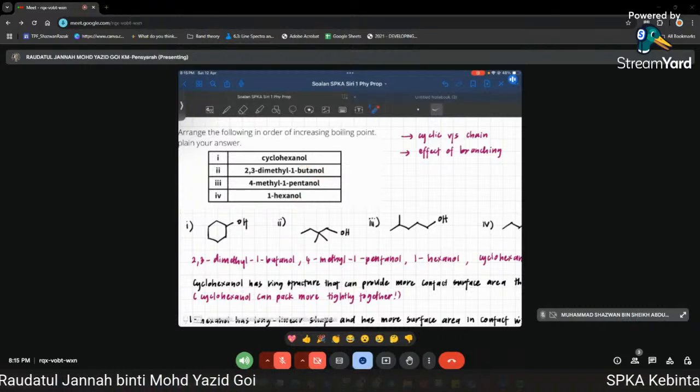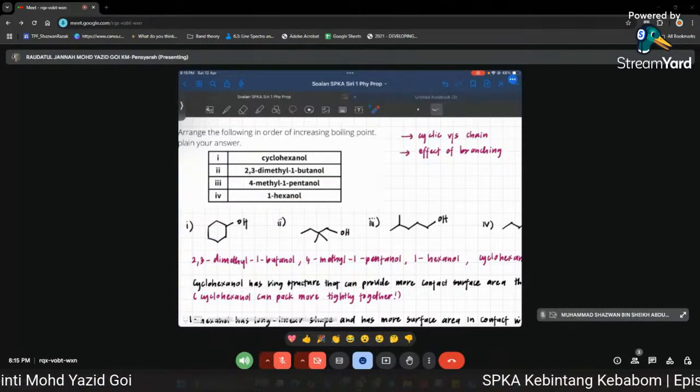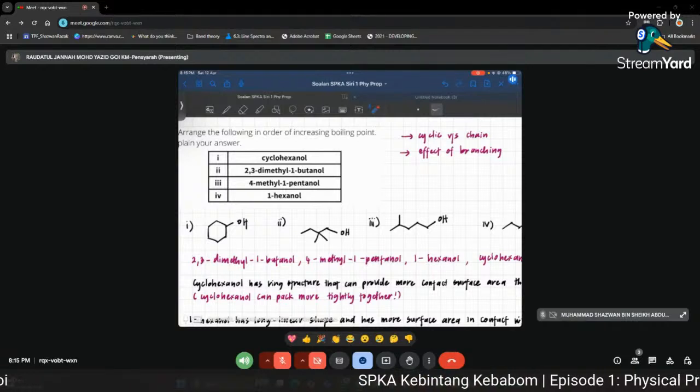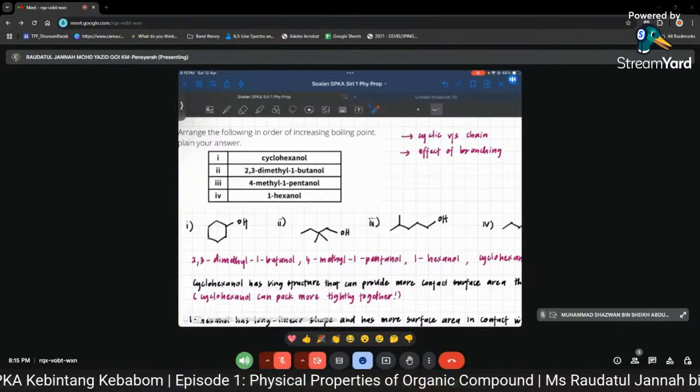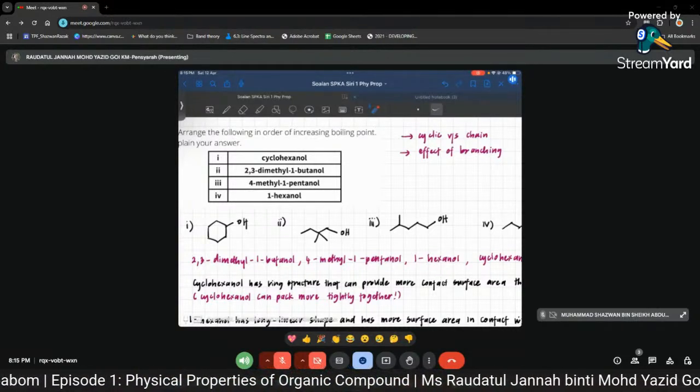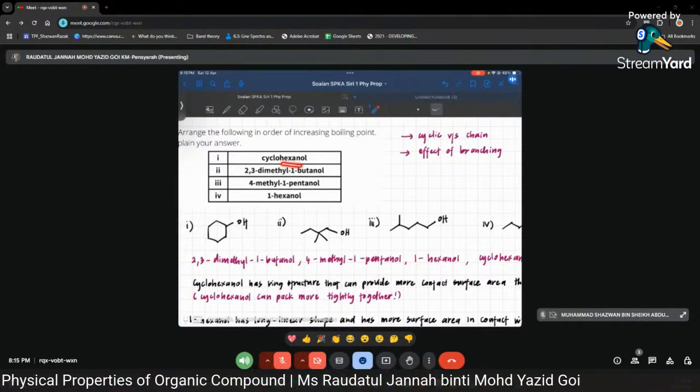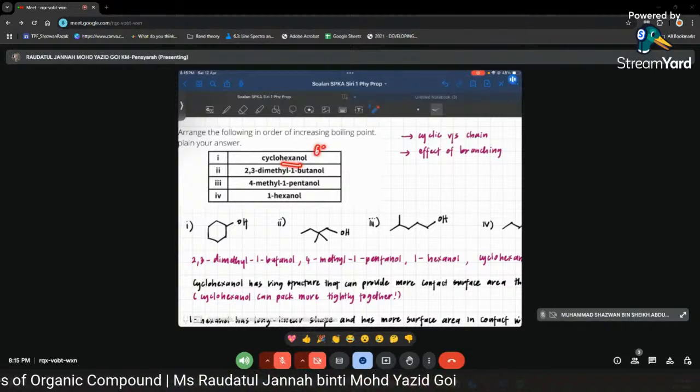Okay, so by that, bila mana you ada this structure, macam biasa, always check the number of carbon. So untuk cyclohexanol, kita ada hexanol in a cyclic structure, so hexane 6 carbon.